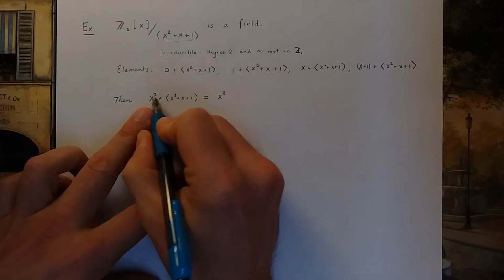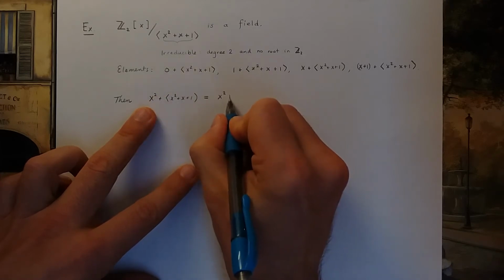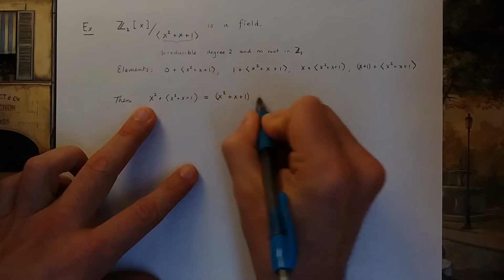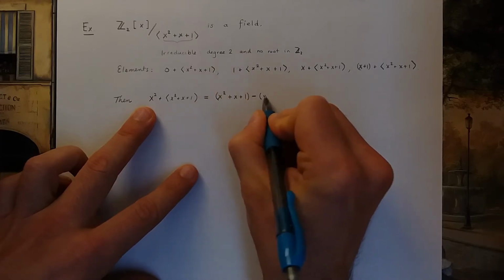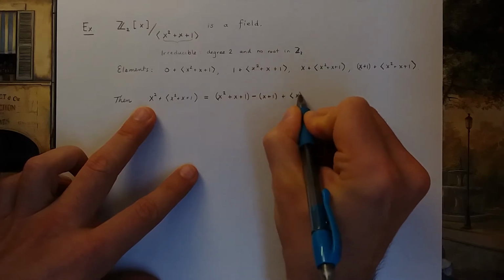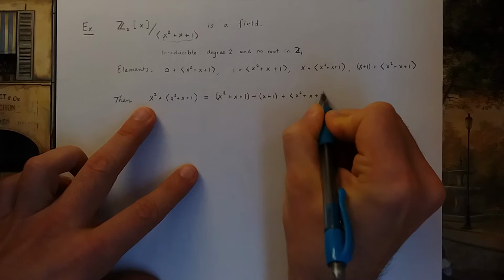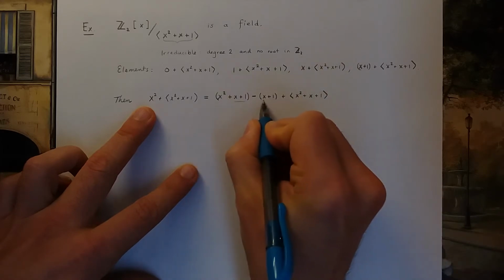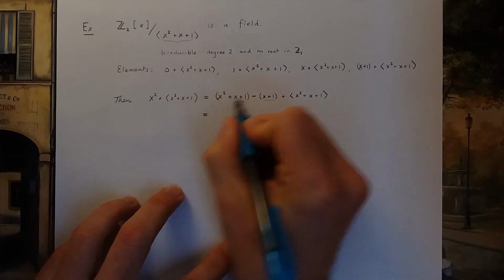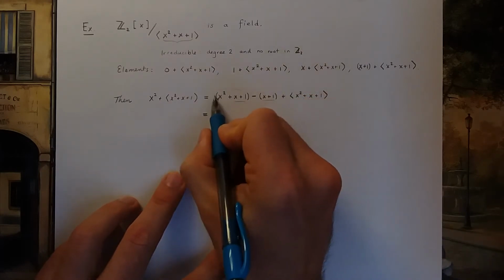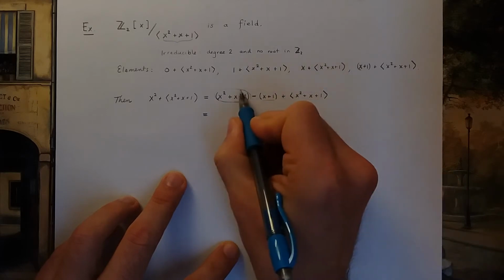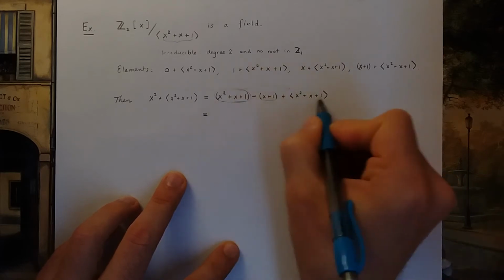You can rewrite x squared as x squared plus x plus 1 minus (x plus 1) plus your ideal. So I added and subtracted x plus 1. Now, this term is in my ideal, so that could be absorbed in there.